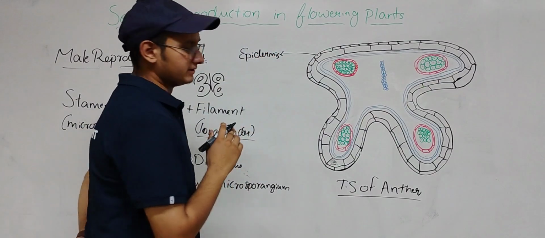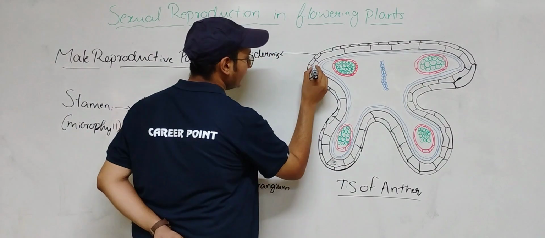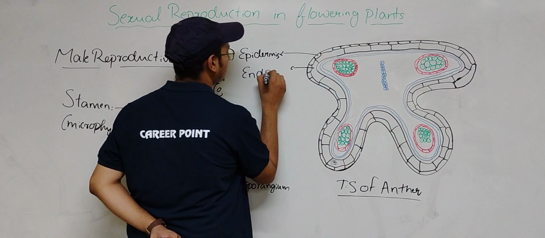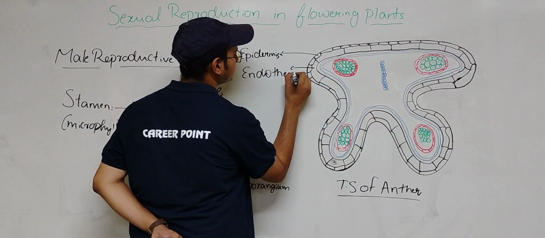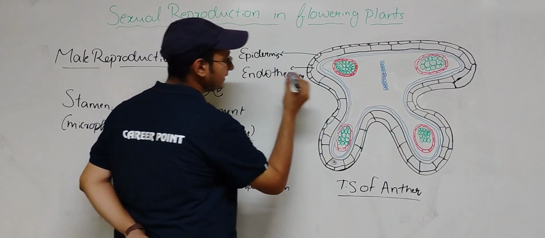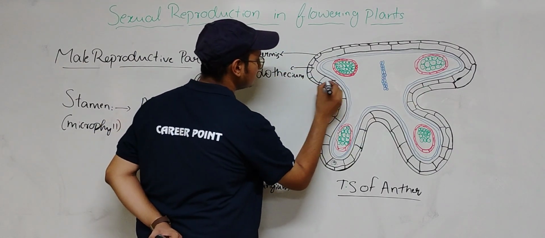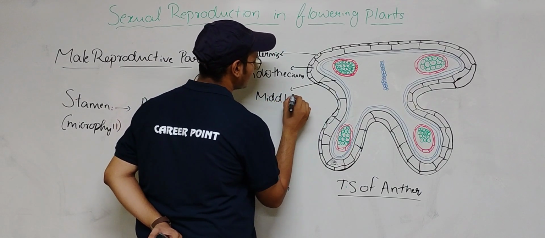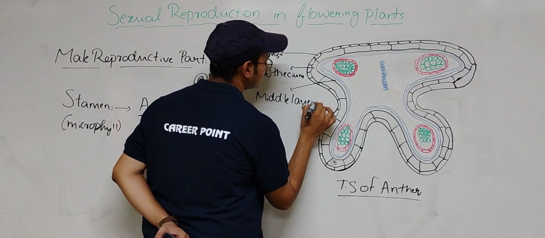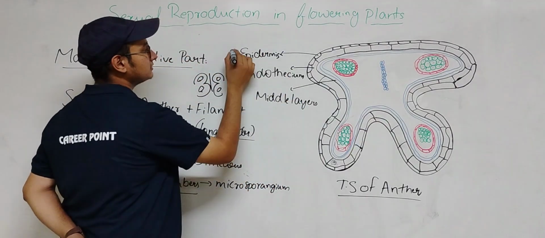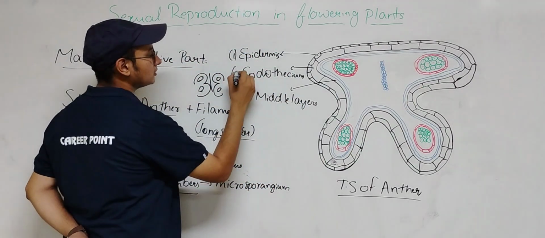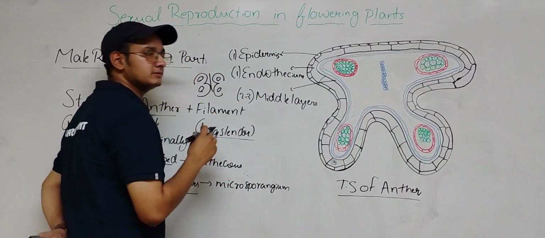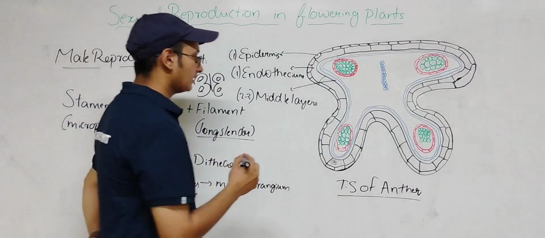It is a single layer, and the innermost layer of epidermis is known as endothecium, and the innermost layer for the endothecium is the middle layers. So, epidermis is only one layer, and endothecium is also only one layer, but middle layers, 2 to 3 layers, are present with parenchymatous cells.